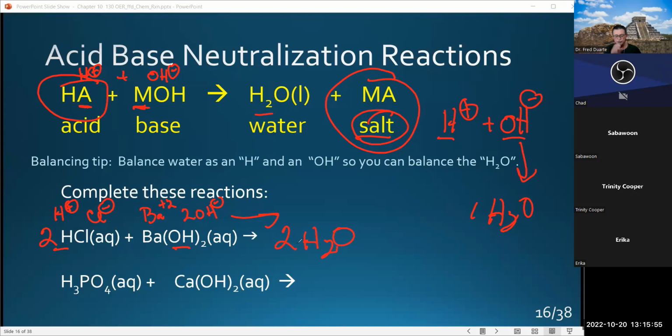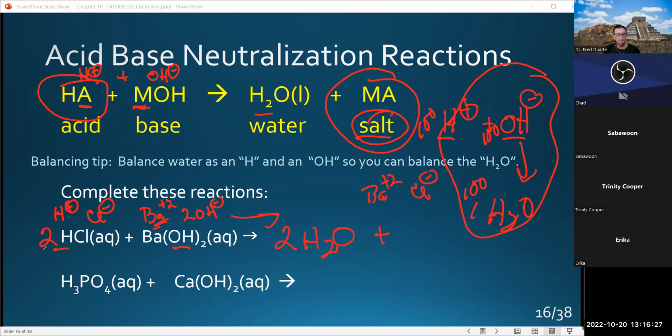I'm going to make 2 waters. And if I start off with 100 protons, I need 100 hydroxides, which will give me 100 molecules of water. All right. Okay, so now we're looking at the salt. We have the barium ion, which is +2, and then the chlorides.